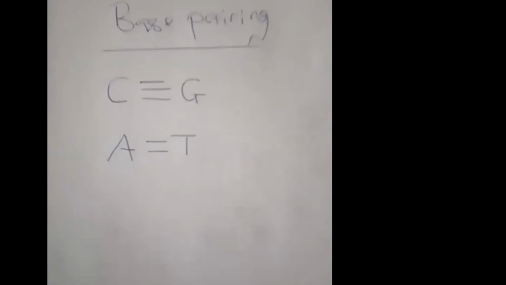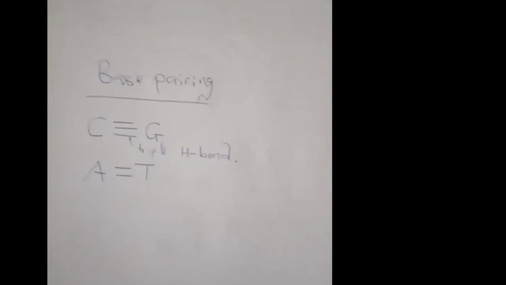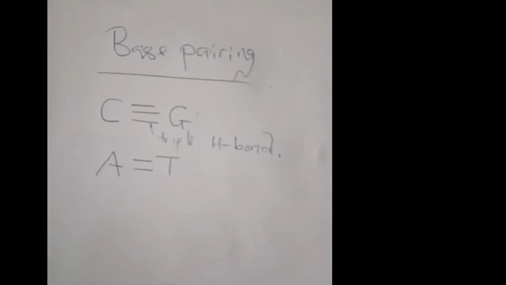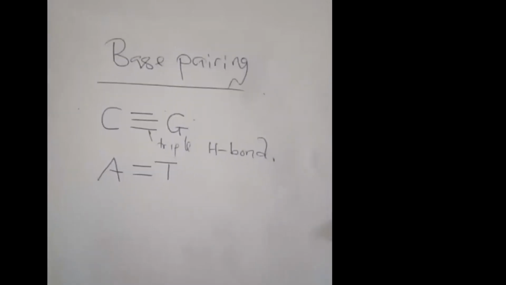Cytosine bonds with guanine via a triple hydrogen bond. You did hydrogen bonds, I'm sure, when you did water. So this is a triple H bond, while adenine bonds with thymine via a double hydrogen bond.